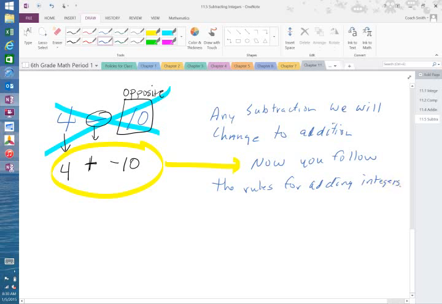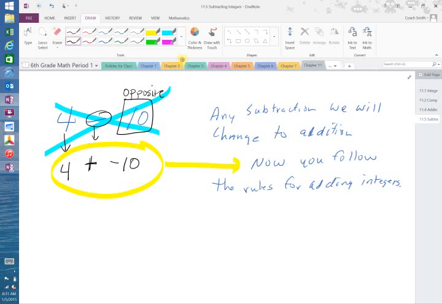There's really only one extra step in subtracting integers besides the rules for adding integers. That one extra step was the first step where we change all subtraction to addition. Now, I just solve, or I simplify this problem.